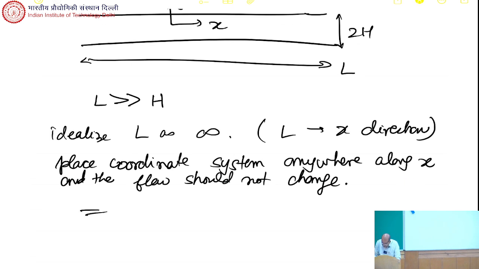So what this will imply is that if the flow will not change by shifting the coordinate axis, the derivative of velocity with respect to this long direction will be 0.